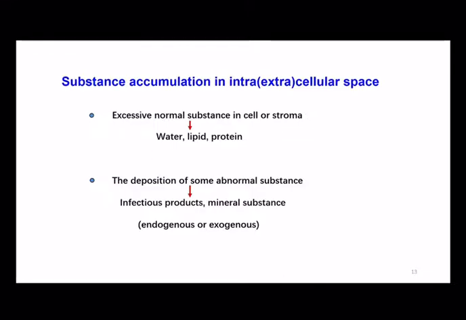Well, the excessive normal substance in cell or stroma could be water, lipid, protein, etc. As for the abnormal substance, they could be infectious products, mineral substance, and so on, which could be endogenous or exogenous.